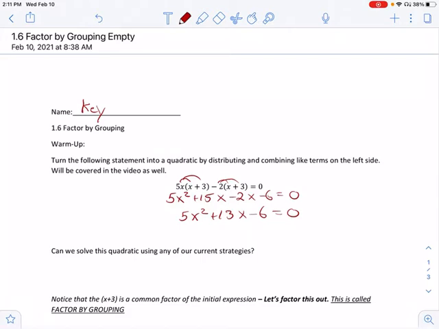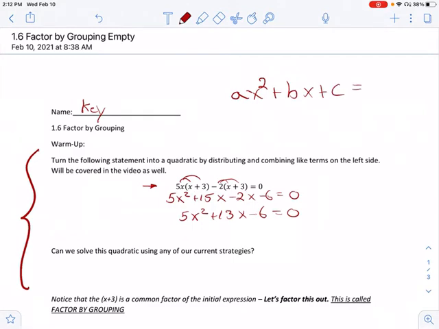Ideally, our warm-up takes us through these first few portions. But I have a quadratic statement, and the goal was to turn that quadratic into standard form, meaning something that looks like ax squared plus bx plus c.